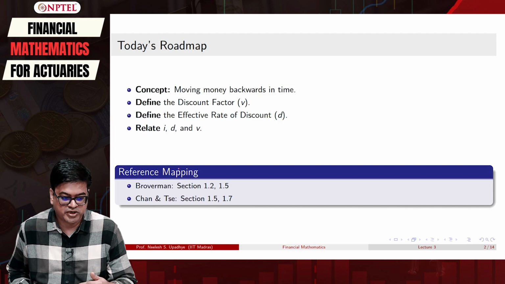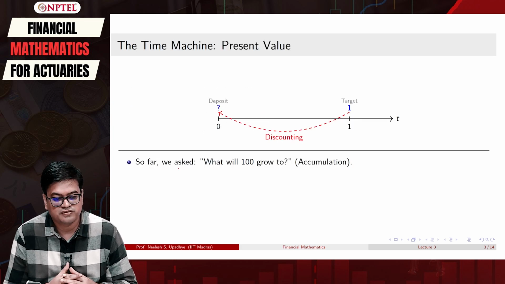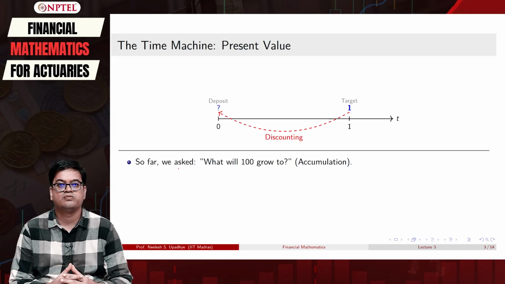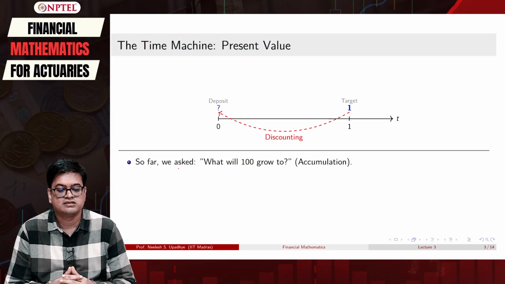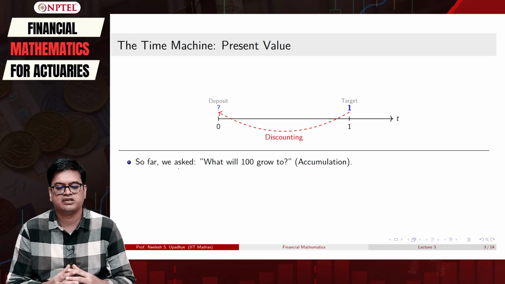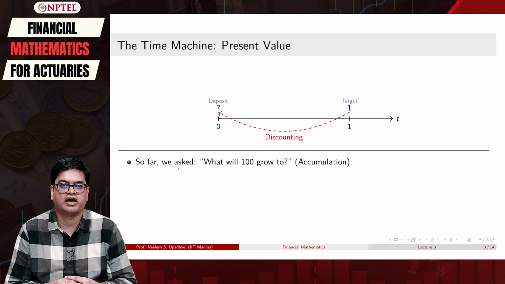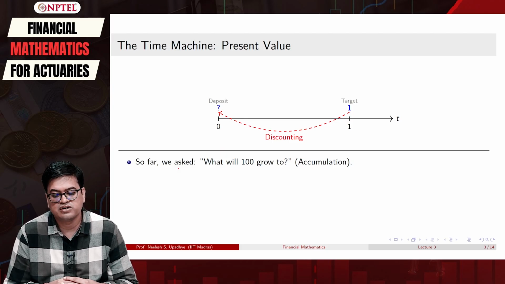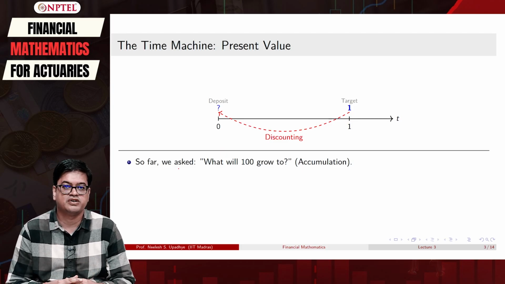So let's dive deeper into our class, and let us start with the concept of the time machine and how we are looking at the present value. Suppose these days many insurance companies are doing an ad that you have to plan your future, and in future you want to have some estimated amount which will be given to you.